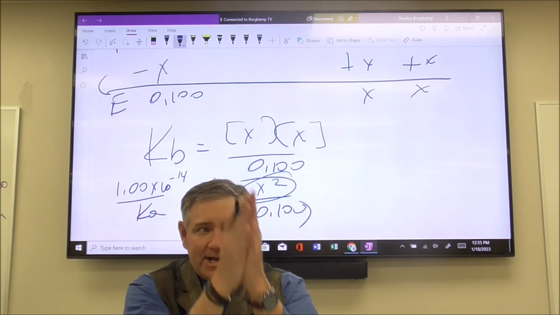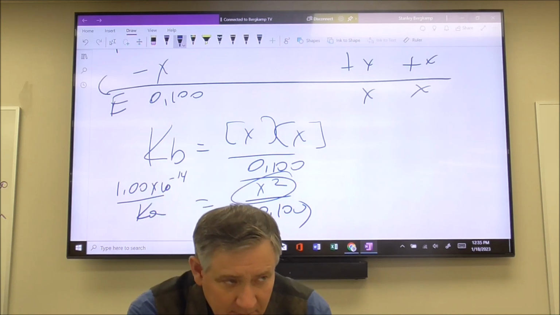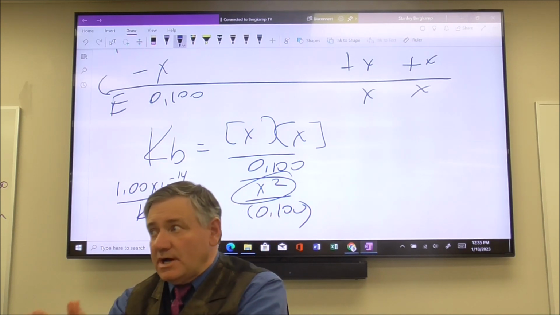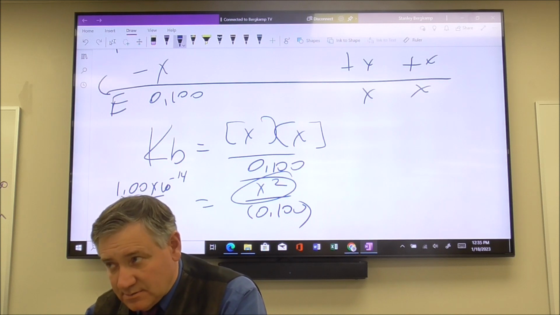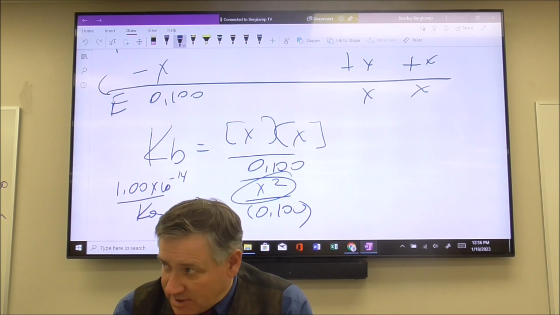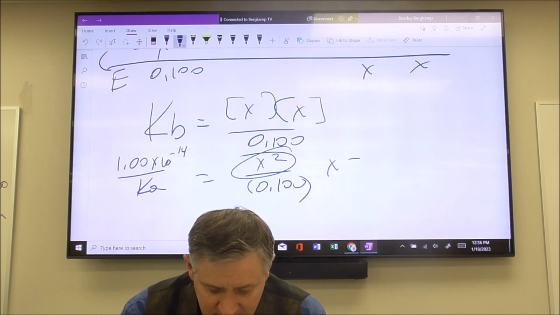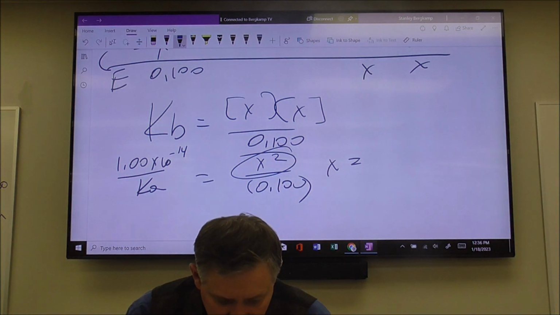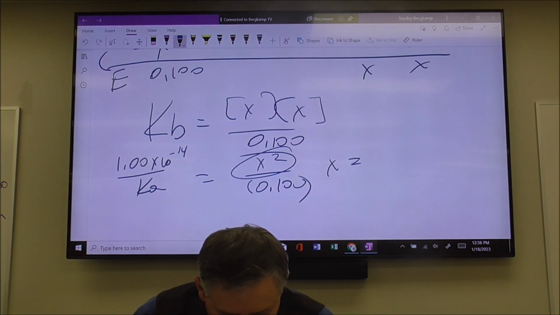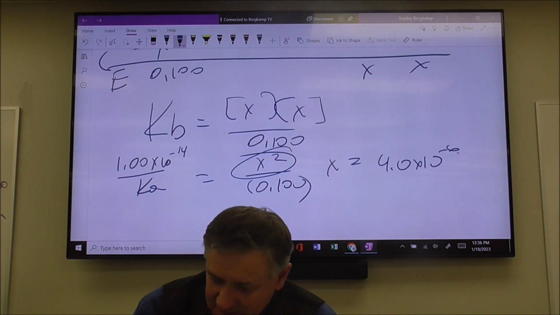When you get x, are you getting your hydronium ion concentration or your hydroxide ion concentration? Hydroxide. You're getting your hydroxide ion concentration. So if you solve for x, trust me on this one, you get 4.0 times 10 to the negative 6th.